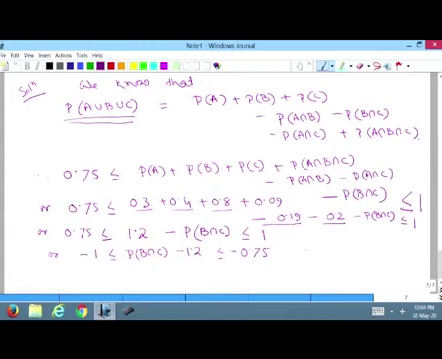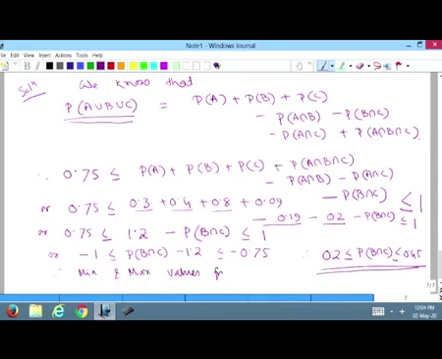Therefore, 0.2 is less than or equal to probability B intersection C, which is less than or equal to 0.45. Therefore, minimum and maximum values for probability B intersection C are 0.2 and 0.45. That is the answer.